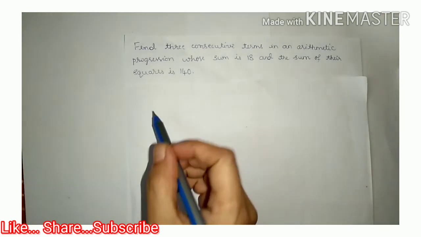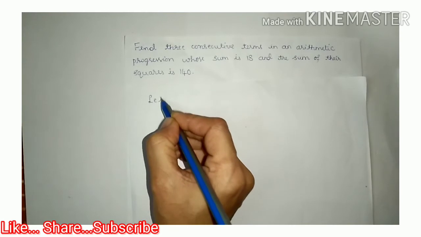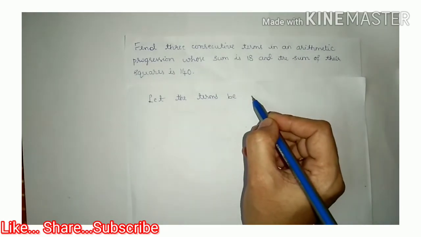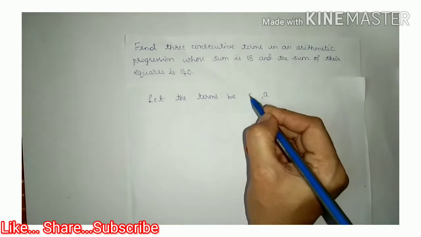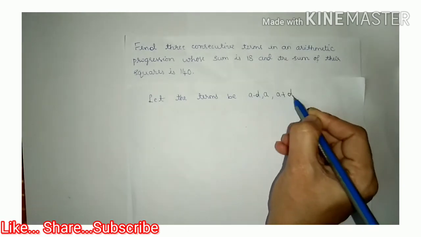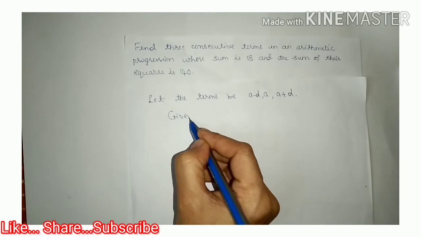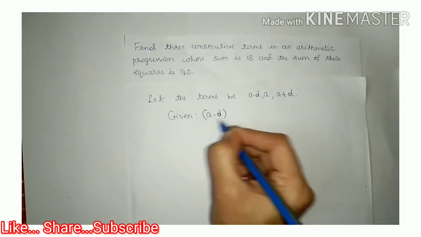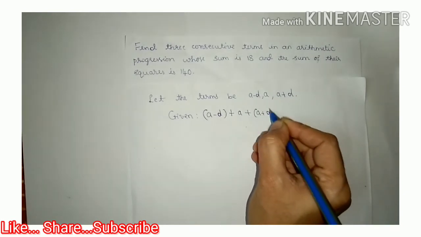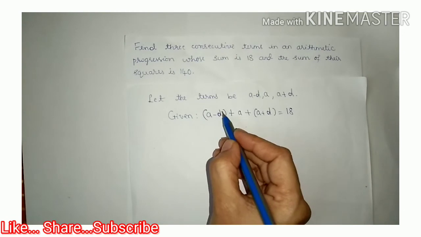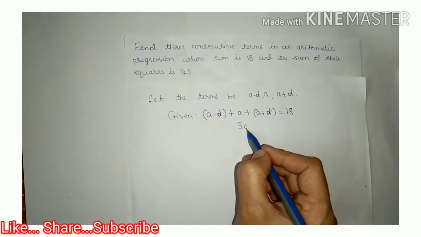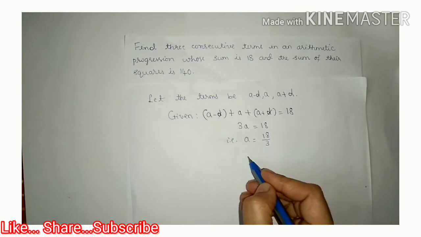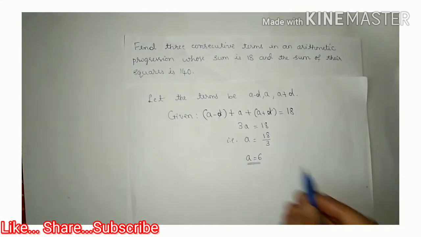Let the terms be 3 consecutive terms in an AP: A minus D, A, A plus D. Given the sum is 18, A minus D plus A plus A plus D is 18. 3A is equal to 18, that is A is equal to 18 by 3, or A is equal to 6.